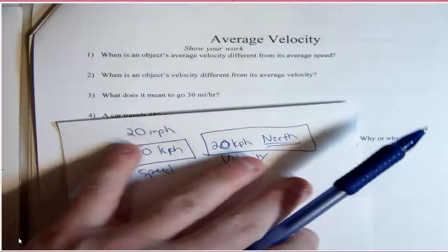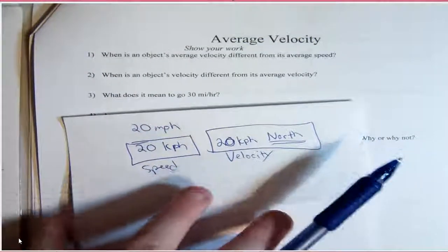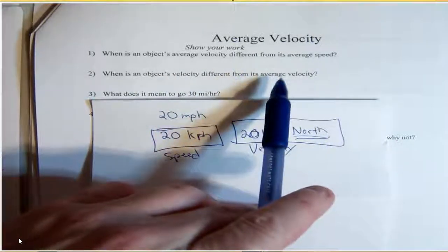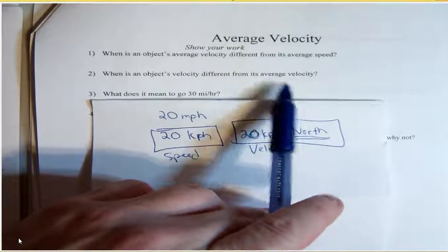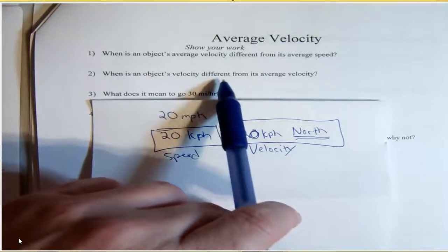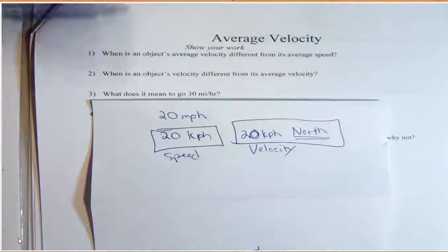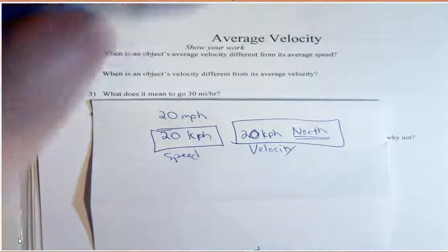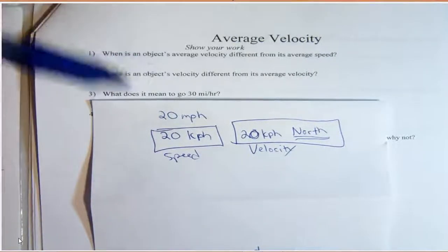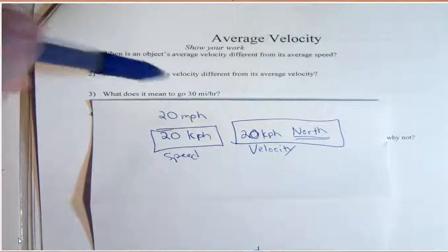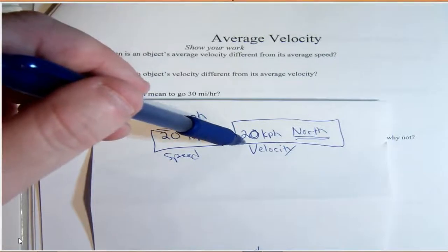So that being said, if it had a velocity of 20 miles an hour north, and its average velocity was 20 miles an hour north, when those two things are different is when there's some kind of accelerating, whether that's positive acceleration or negative acceleration. Because remember, let's say they go 1 mile north, and one car stays at 20 kilometers per hour the whole time for an hour.